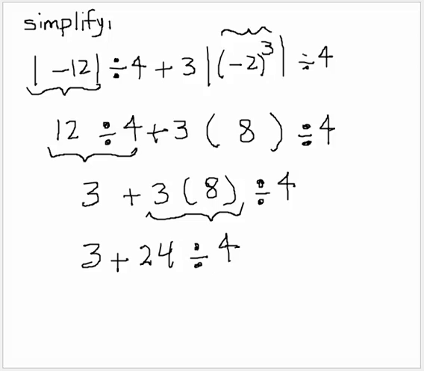Okay, before I move on, can everybody follow up to this point? Can I see a check mark next to your name, please? And then the next step would be doing the division. We have 24 divided by 4. That would give me 6. Okay, I need to see a check mark. That's good.